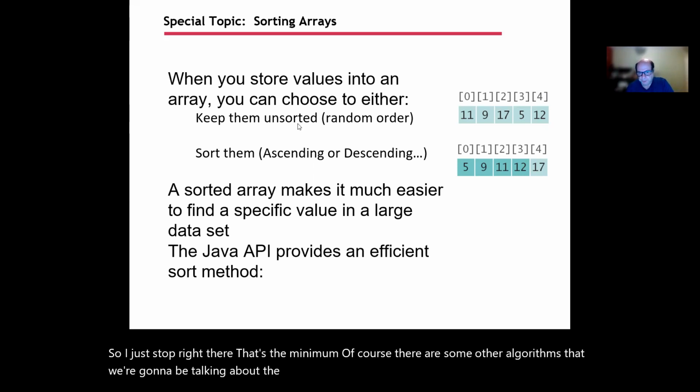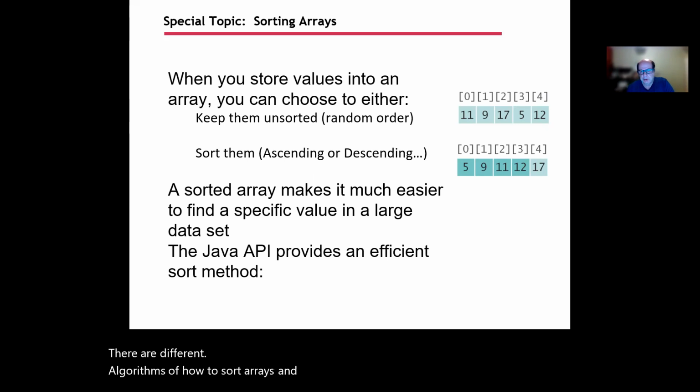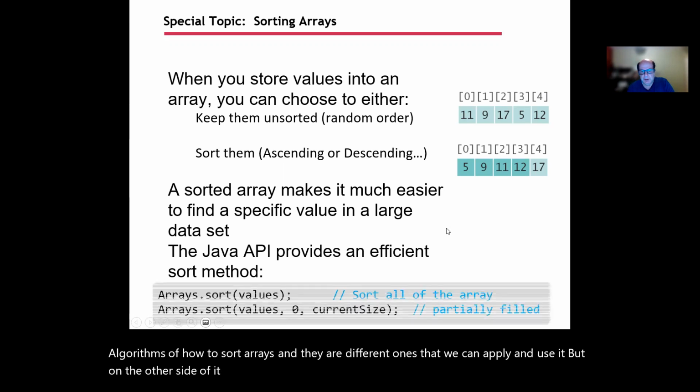Of course, there are some other algorithms that we're going to talk about for searching and finding those things. There are different algorithms for how to sort arrays, and different ones that we can apply. But on the other side, Java already provides a sort method.